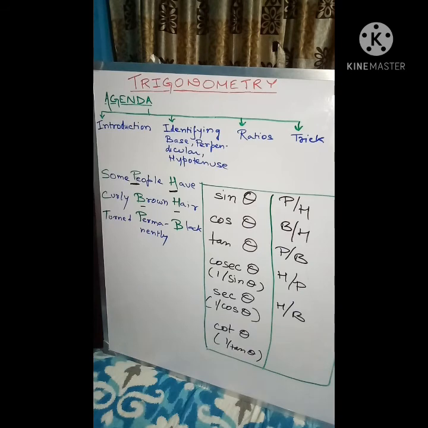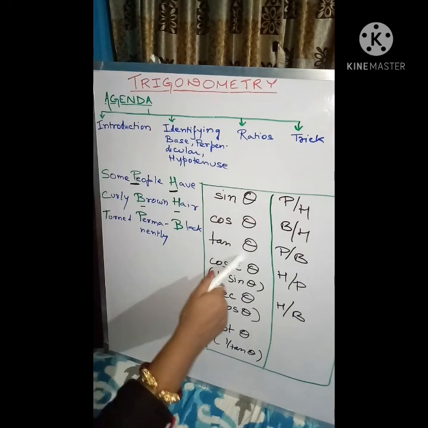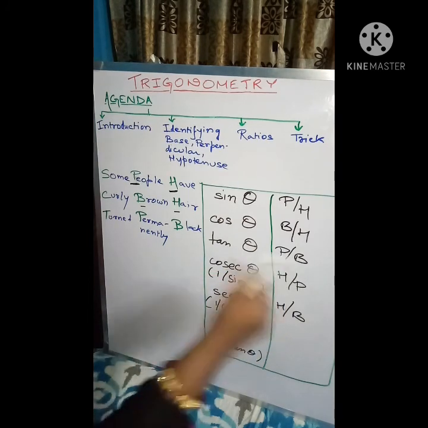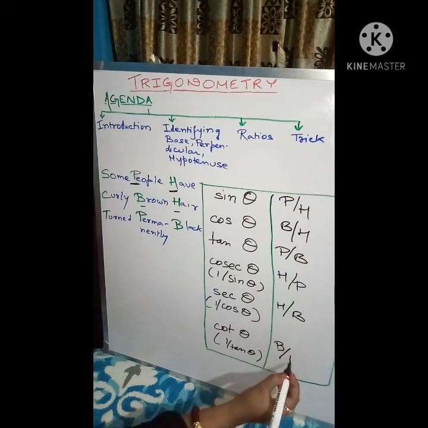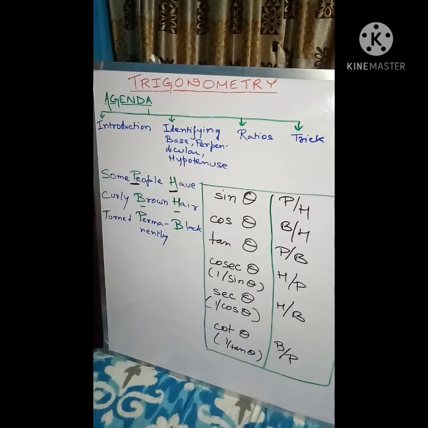Now, cot theta will be the reverse of your tan theta. Your tan theta was perpendicular by base, so your cot theta will be your base by perpendicular. Hope it's clear and easy for you.